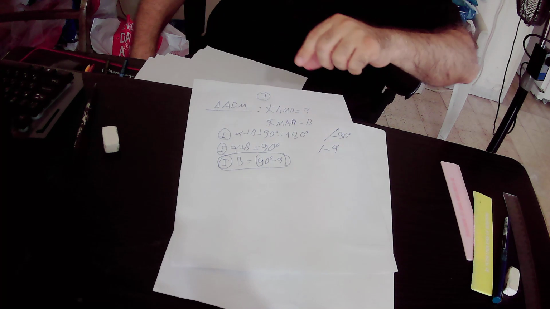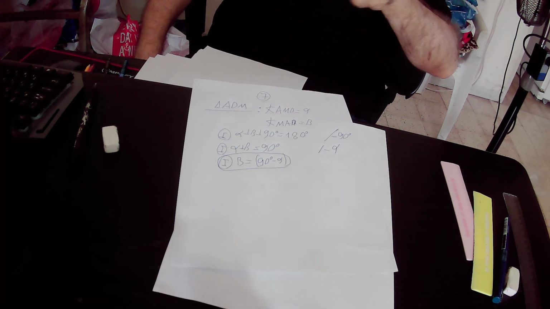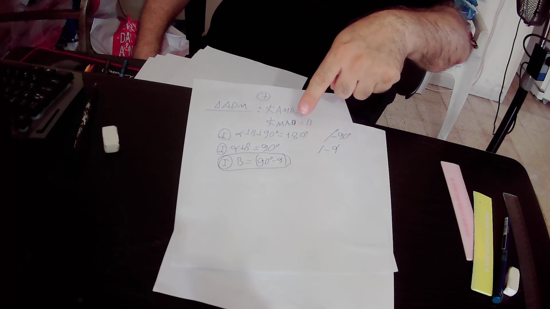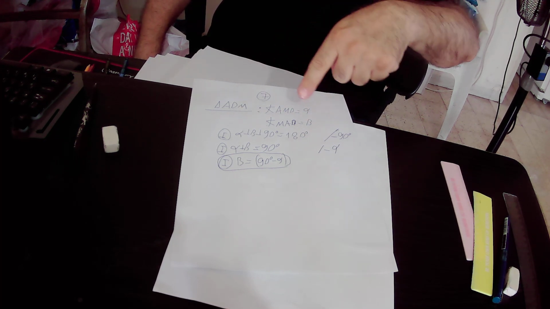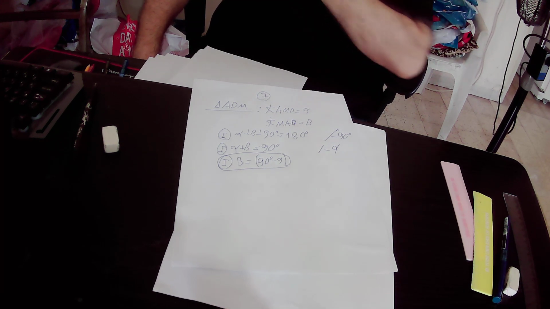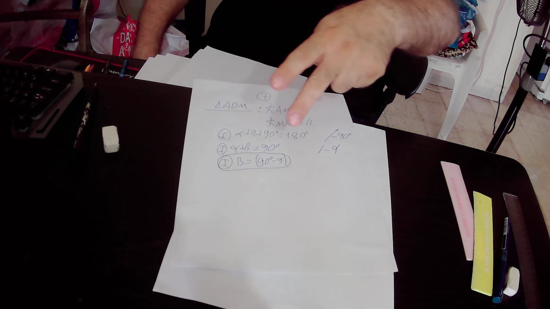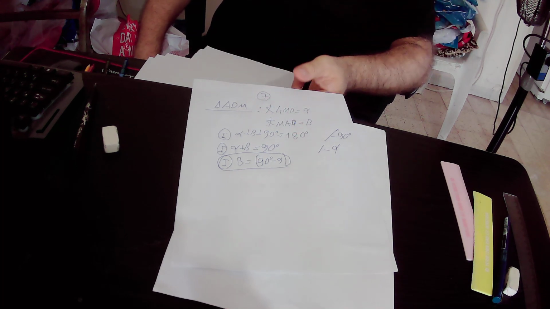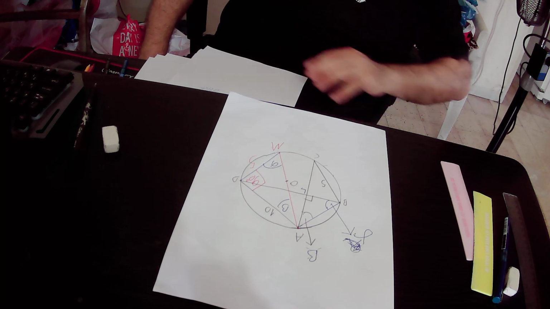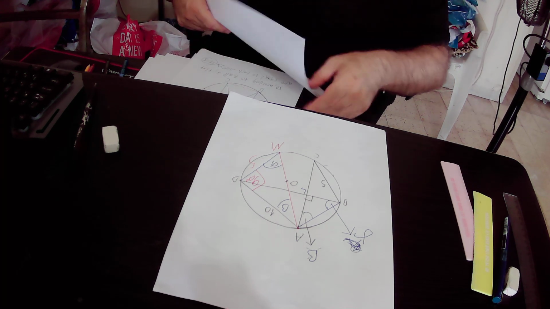This is our first equation. From equation number 1, we got that beta equals 90 degrees minus alpha.